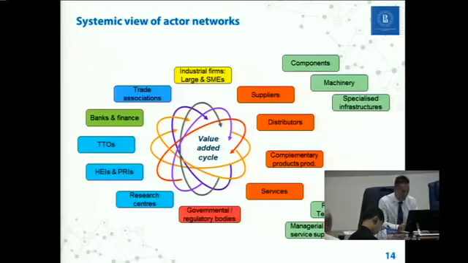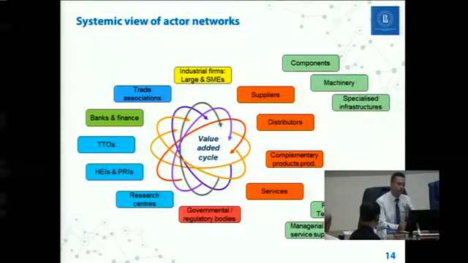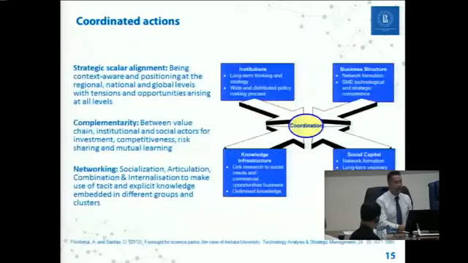So we need to have this systemic view when we come to think about the actors within the system and engage them throughout the process. And we need their coordinated actions. We need some strategic alignment between them so that they can create synergies. We need complementarity between them so that we can build value creation and value chains.